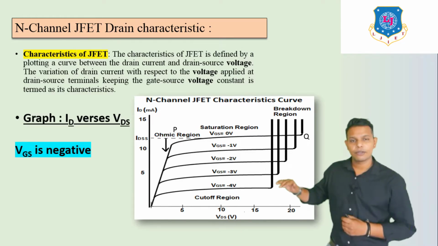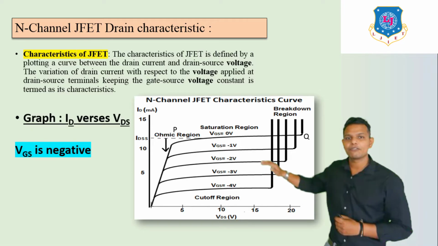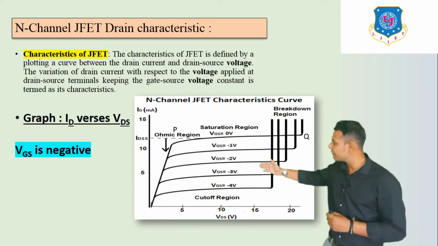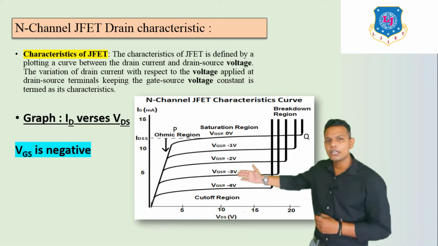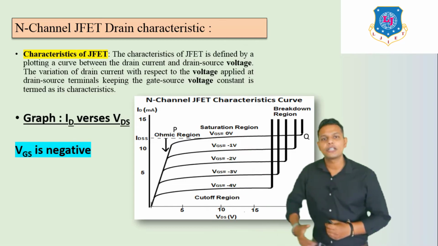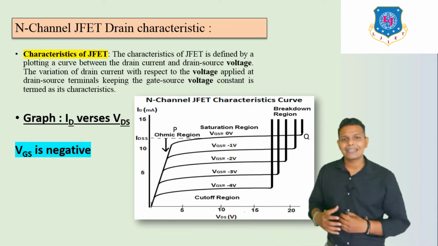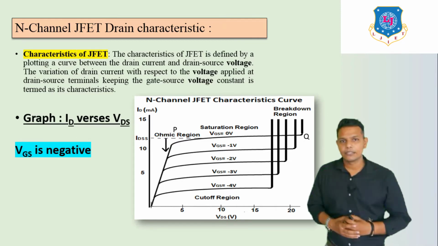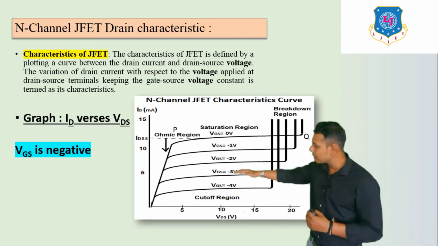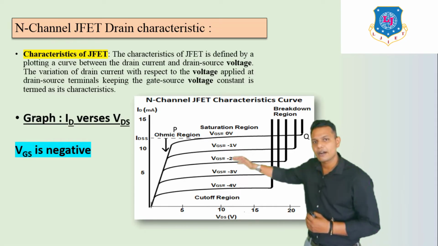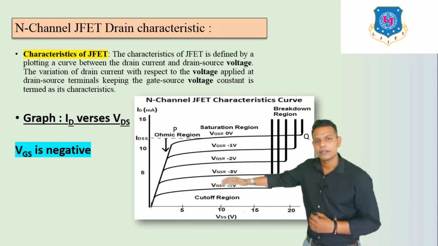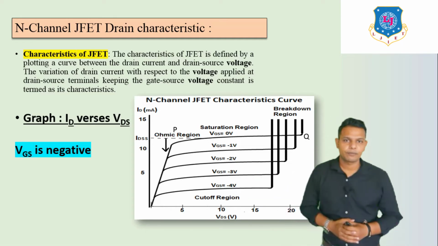Here I am going to introduce a new region called the ohmic region. In this graph, the ohmic region follows Ohm's law, because R is equal to V by I. That's why it is linear in this graph. So that region is known as the ohmic region.